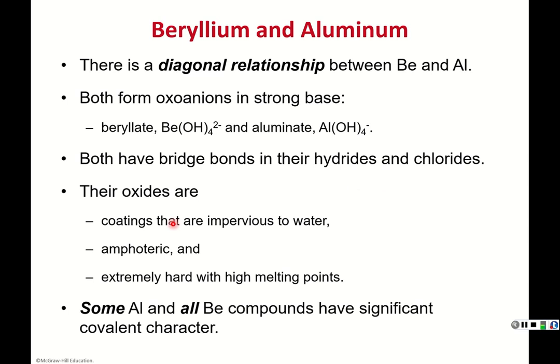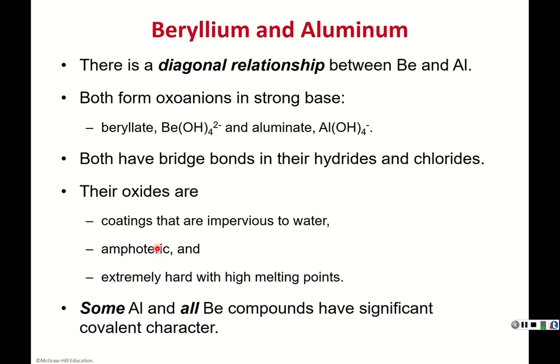The oxides of both beryllium and aluminum, the coatings on the outside of them, are impervious to water, right? They form these oxides in air, and that's one of the reasons why aluminum is thought of as being passive or non-reactive or can't rust, because it forms oxides on its surface, and these are impervious to water.